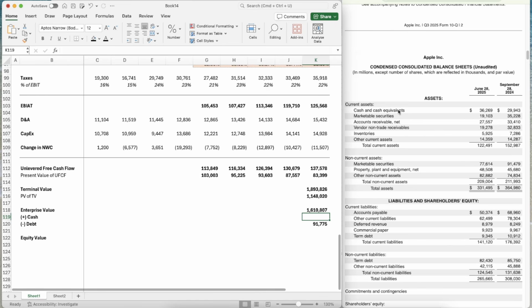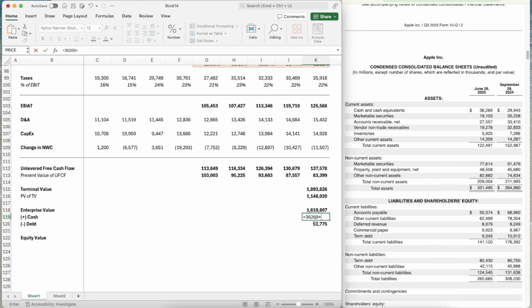Let's do 36,269 plus these marketable securities, because they can be converted into cash very quickly. Now the equity value is, you take your enterprise value, you add your cash back in, and you subtract your debt. So we have an equity value of about 1.5 trillion.